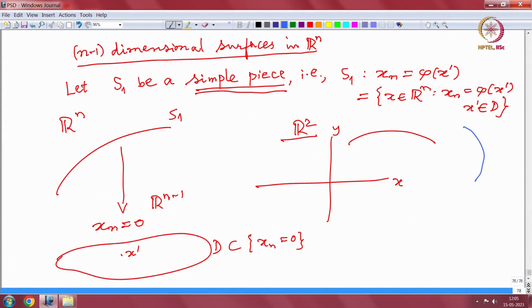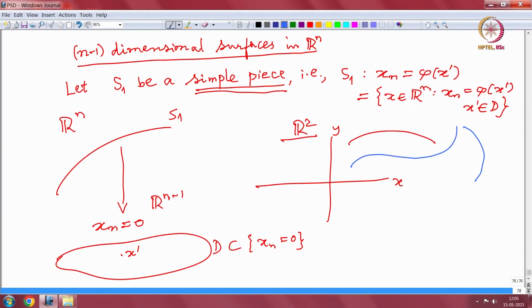In between there are many curves, which we can project either onto x equal to 0 or y equal to 0.